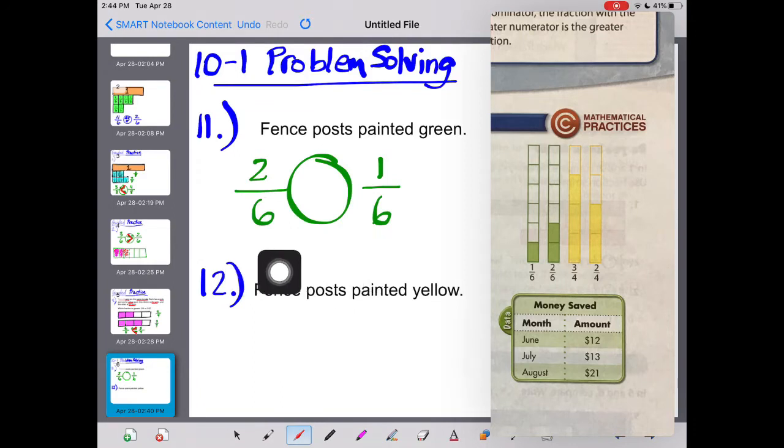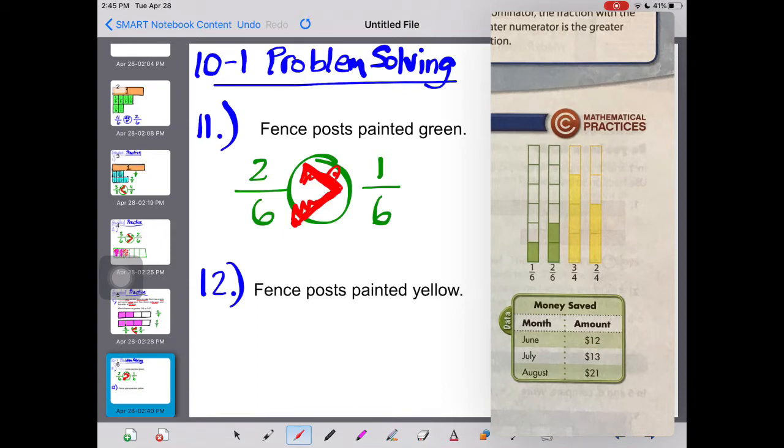So we want the greater than symbol. Remember, the crocodile is going to be opening its mouth to the bigger fraction. So this time it's going to be facing this way. That's what the greater than symbol looks like, because the number on the left is greater than the number on the right. And if you want to have fun, you can put your little teeth in there like that. There we go.